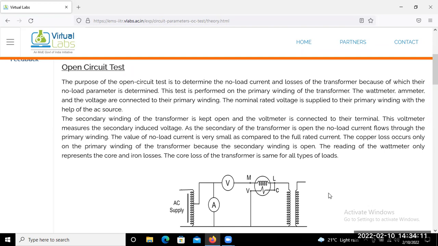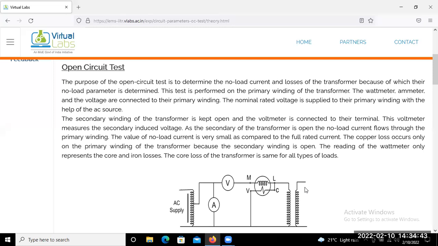Okay. So here you will find indication of these two coils: one is your LV coil, another is your HV coil. Here it is not mentioned, but you assume whichever coil the instruments are connected to is the LV side, and this one is your HV side. So when we perform this open circuit test, whatever measuring instruments we connect through the LV side, and the HV side is kept open.